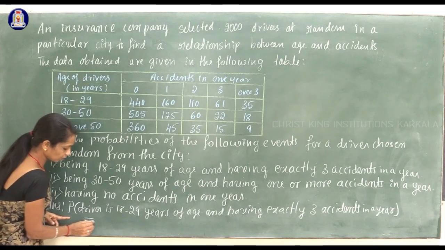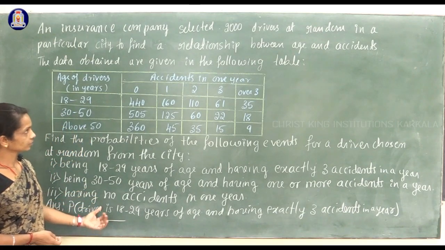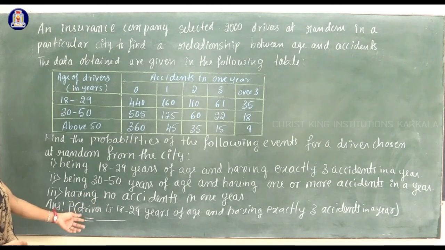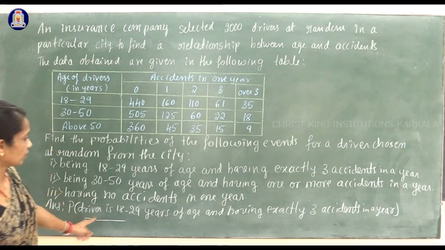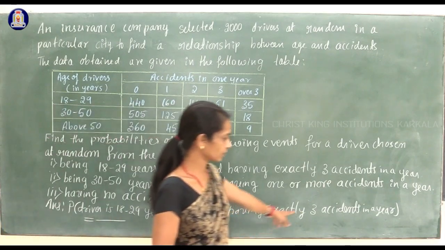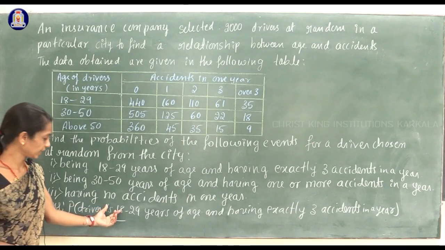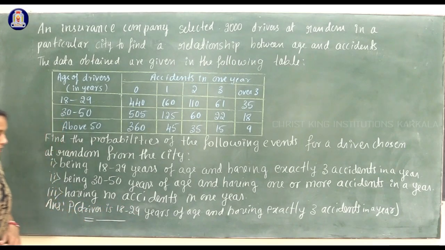That is equal to, in the numerator, you have to see the number of drivers with exactly 3 accidents in a year, and that driver must be between age 18 to 29 years.